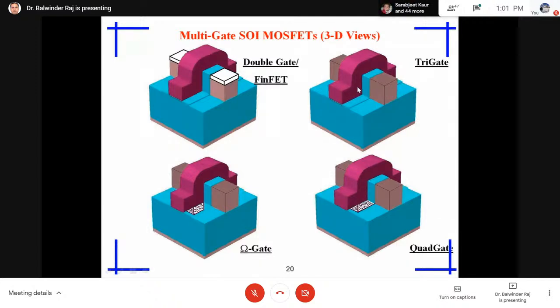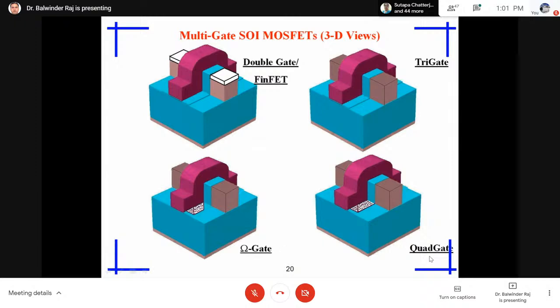Here we have three gates, all three sides having the same thickness. Then the pi type structure is there. In the triple gate, at the corners sometimes leakage current is high. In the FinFET one specific term is used, the corner effect, and that corner effect can be minimized with the pi type of structure.